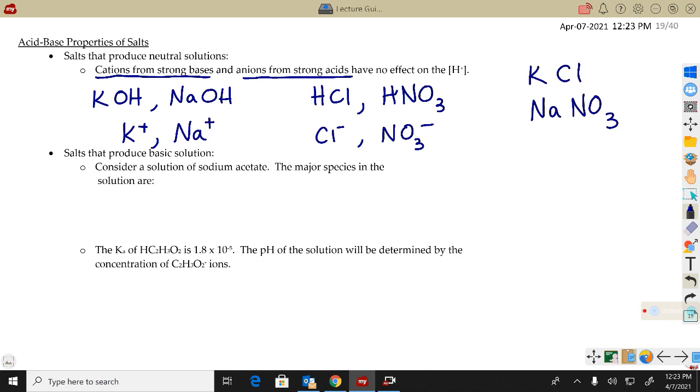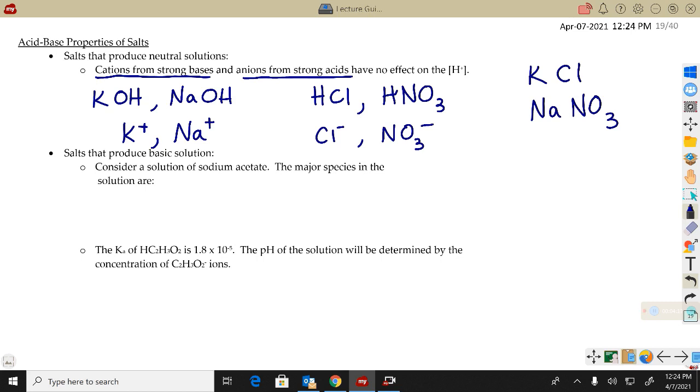Same thing with nitrate. If it's coming from a strong acid, the conjugate base of a strong acid is an awful, terrible base. Hydrogen with nitrate would just split apart immediately. Chloride and nitrate don't react with hydrogen. They don't form something that would remove hydrogen. It would totally ionize right away.